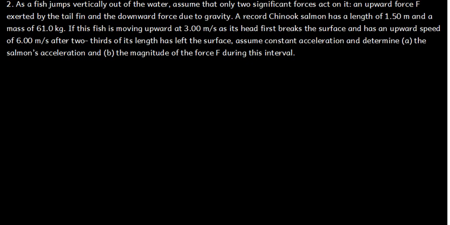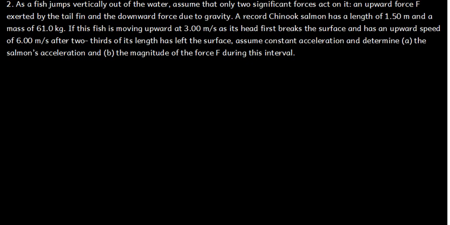If this fish is moving upward at 3.00 meters per second as its head first breaks the surface and has an upward speed of 6.00 meters per second after two-thirds of its length has left the surface, assume constant acceleration and determine part A, the salmon's acceleration, part B, the magnitude of the force F during this interval.